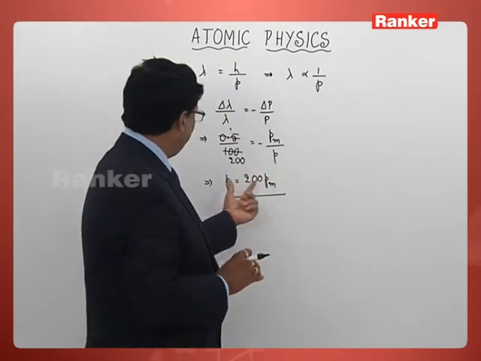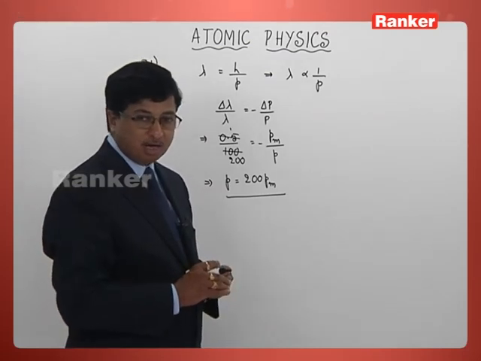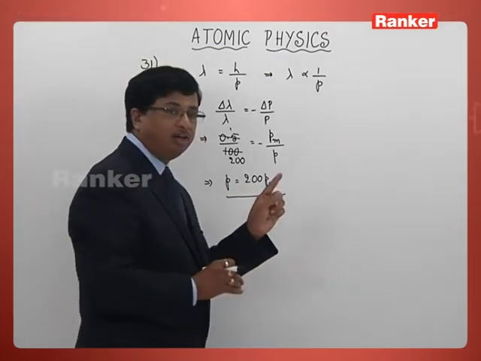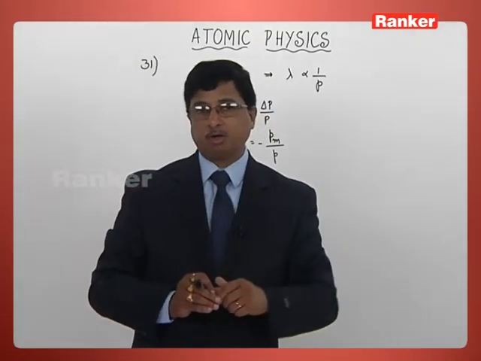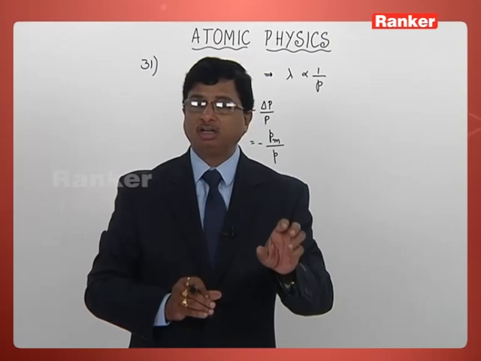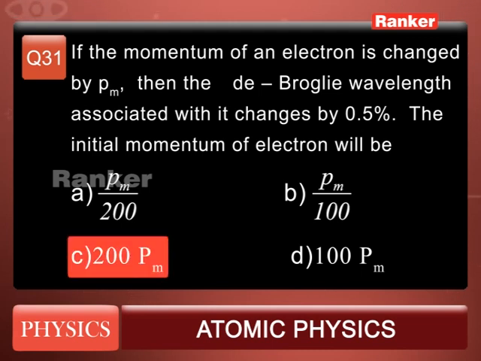And therefrom I have got the initial momentum of that electron as 200 times the change that has been made in this problem. So 200 times Pm. Which is the correct option for us? The correct option is exactly the third one. So the answer becomes C for this particular problem number 31.